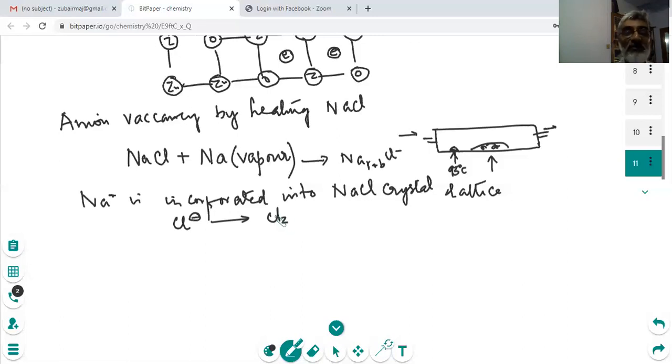A couple of molecules will go out as Cl2 gas, leaving behind an electron. So there will be a vacancy created by this. The leaving of the Cl minus creates a vacancy, which will be occupied by the Na plus.